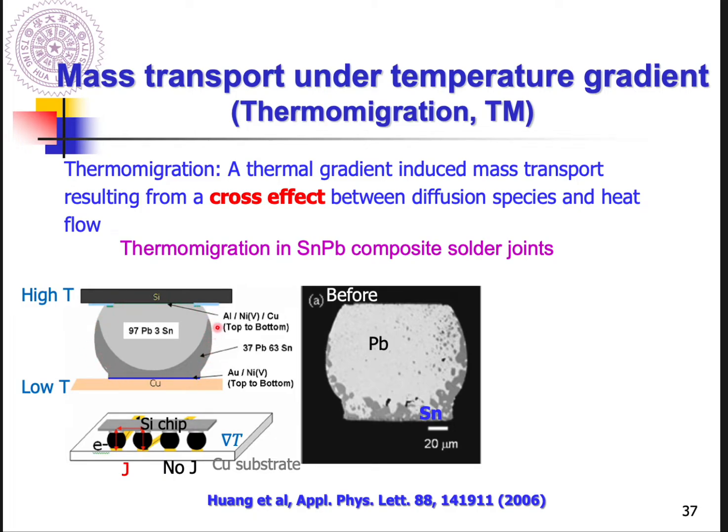On the bottom part, the majority composition will be the lead-tin alloy, and the bottom part, the darker gray region, is what we call the 37 lead and 63 tin lead-tin alloy.